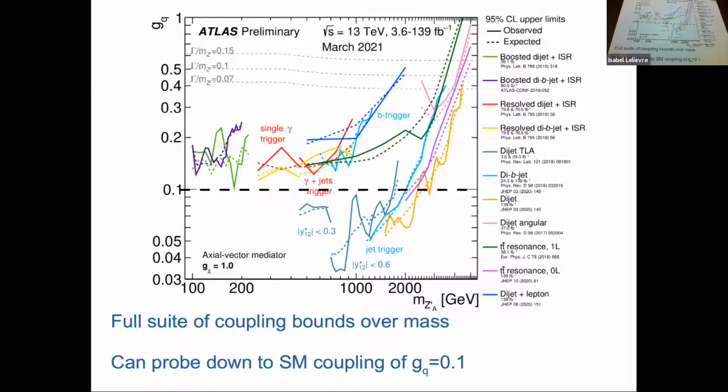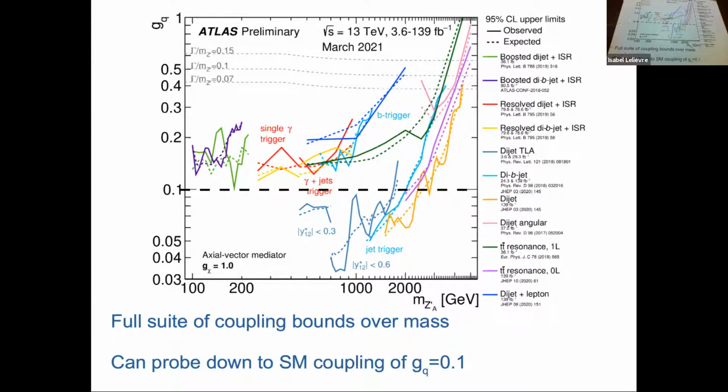I guess the allowed values for the width depend on the coupling constant, no? Yeah, the width is directly proportional to the coupling constant squared. So as the coupling gets larger, the width gets larger, right? Okay. Yeah, that makes sense.